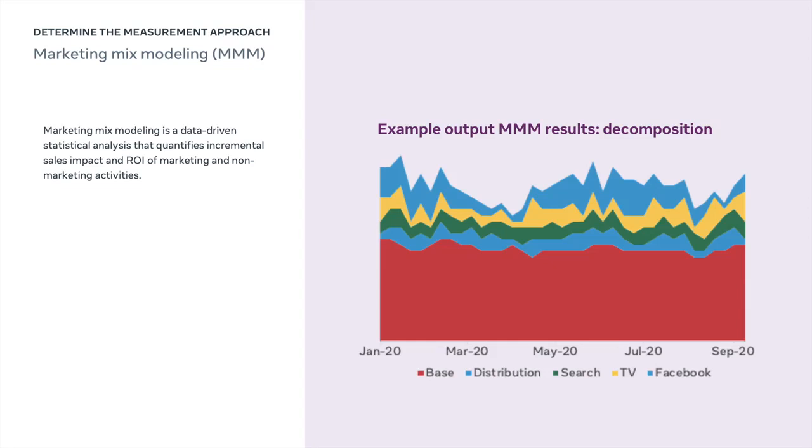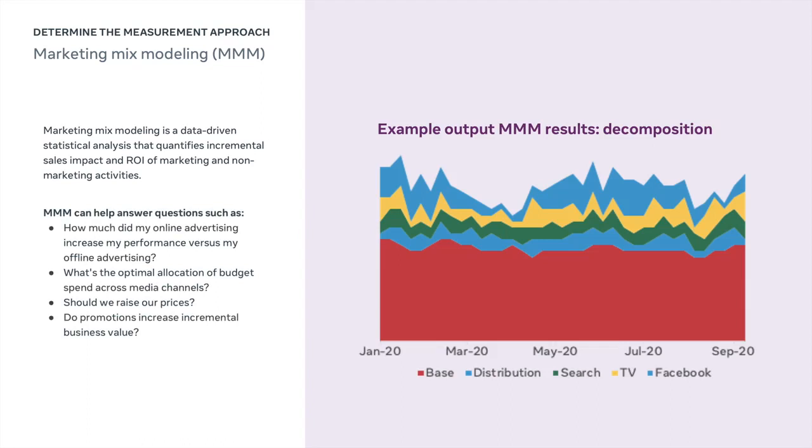In this example output, we can visually see the incremental impact of distribution, search, TV, and Facebook on sales. Our base in red is the amount of sales we would have achieved if these factors were at their minimum.